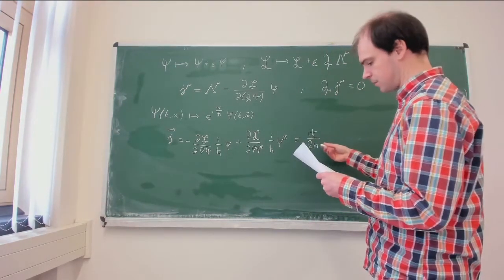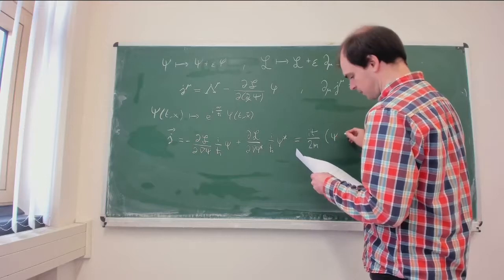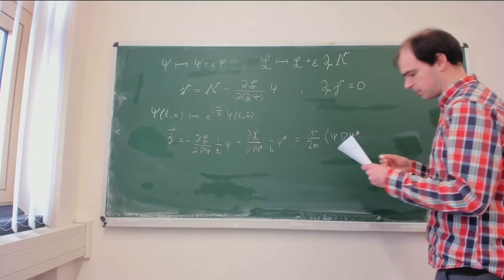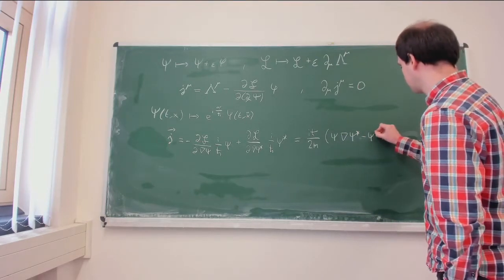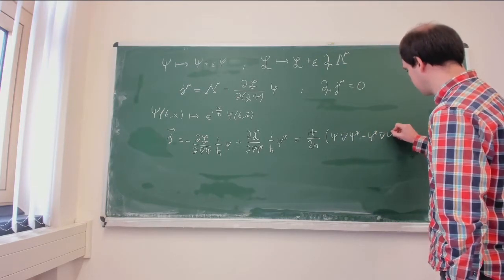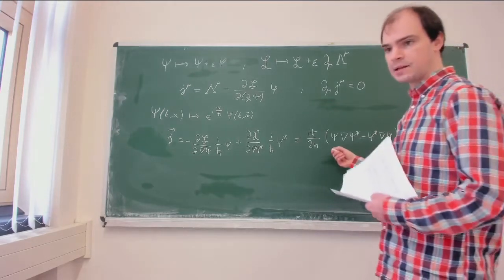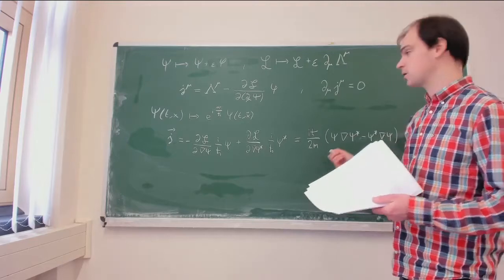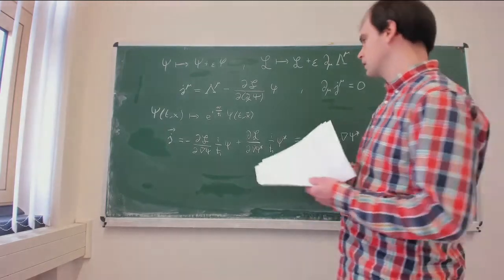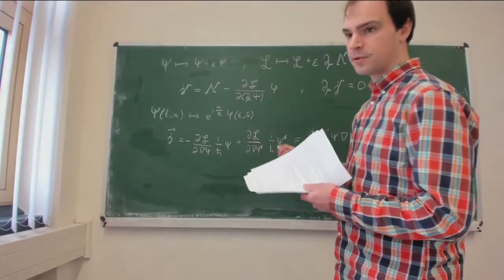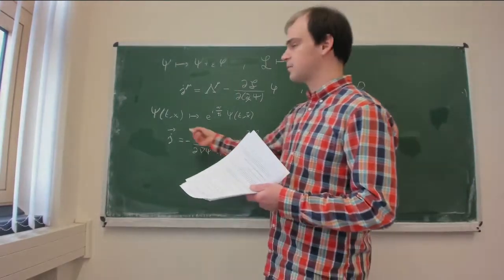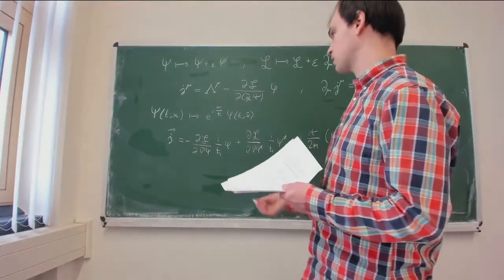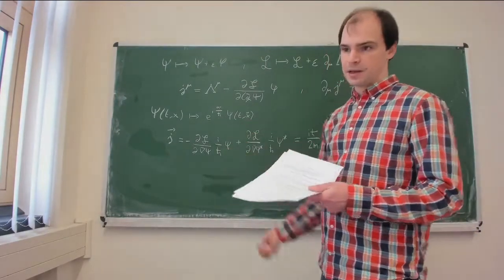So I h bar divided by 2m, psi gradient psi star minus psi star gradient psi. So this way we get the probability current and we get the continuity equation for the Schrödinger equation from Noether's theorem for the invariance of the Lagrange density under phase transformations.